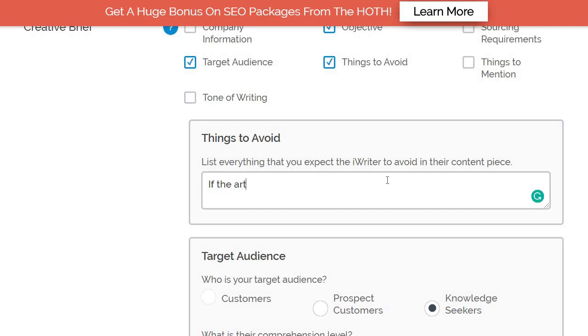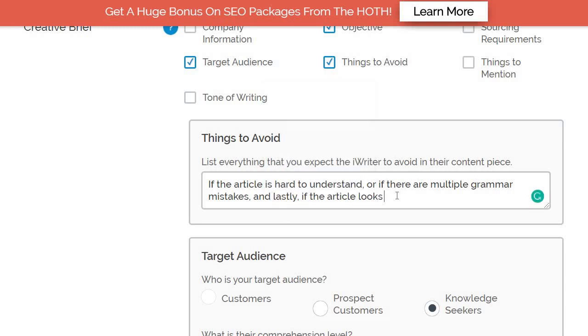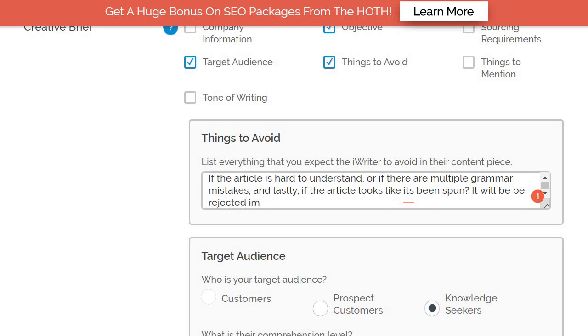If the article is hard to understand, or if there are multiple grammar mistakes, and lastly, if the article, speaking of mistakes, looks like it's been spun, it will be rejected.